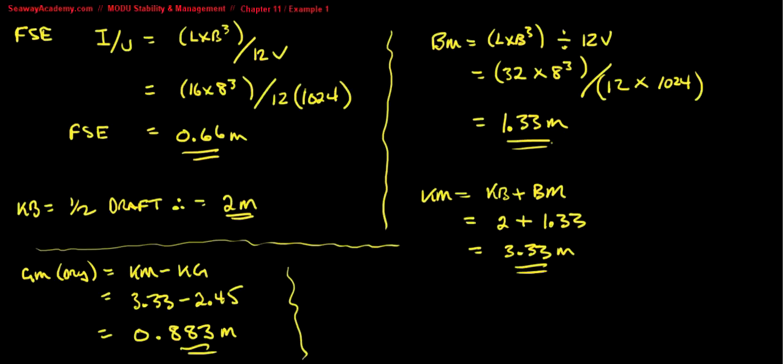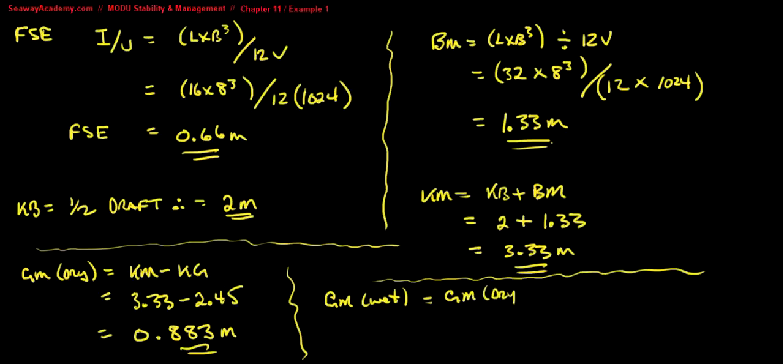Now that we've calculated the dry GM, we can calculate our wet GM by applying our free surface effect. So for the wet GM, it's our dry GM minus the free surface effect.